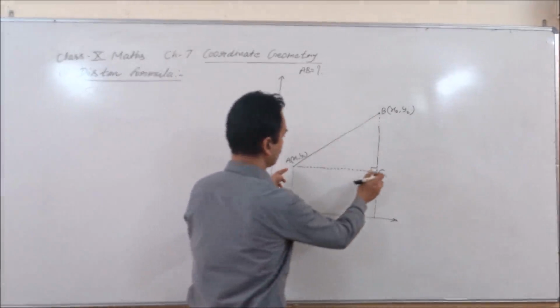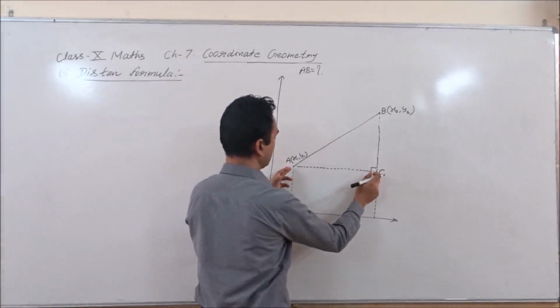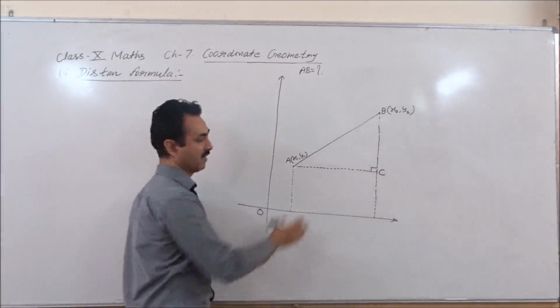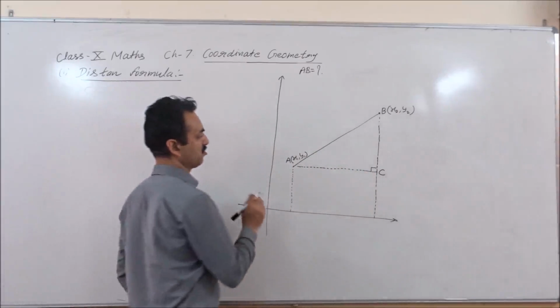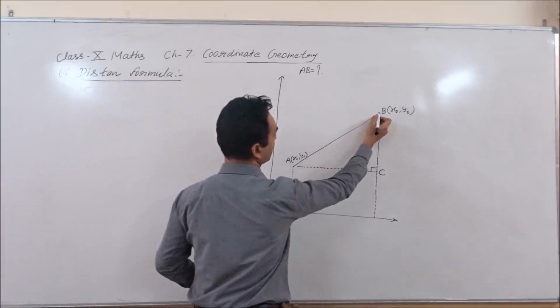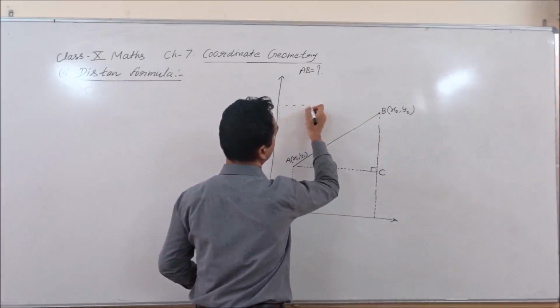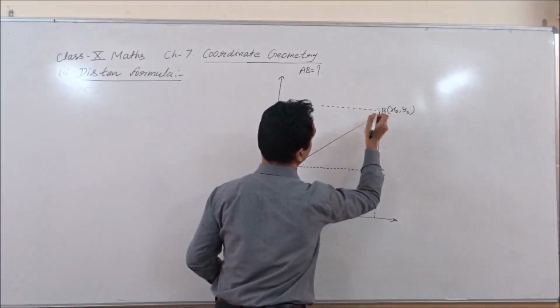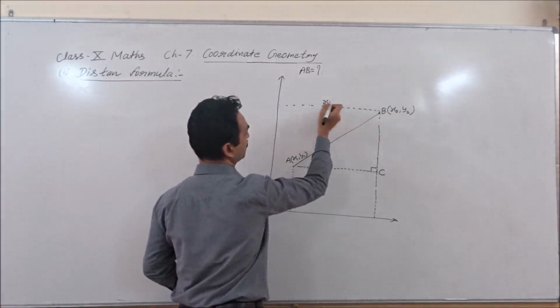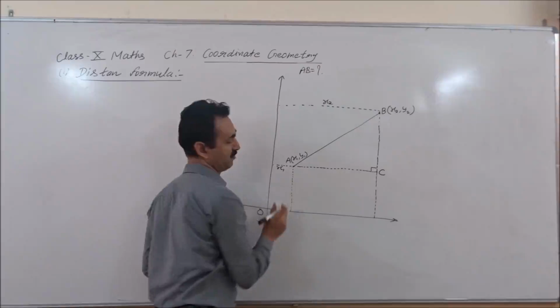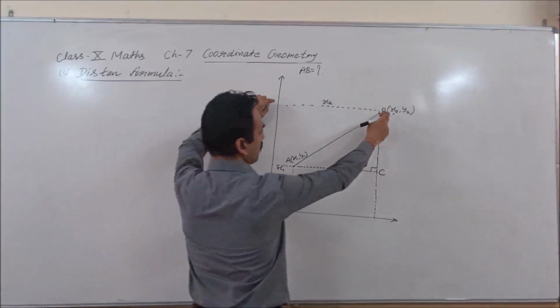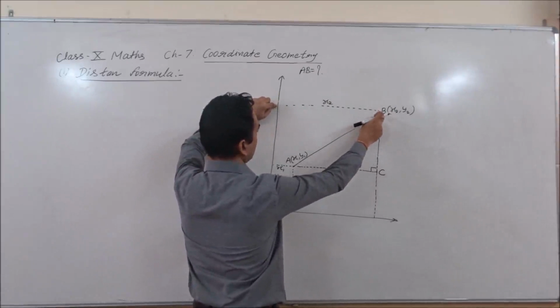Now, what is the length of AC? First of all, think about this length. This is actually x2 and this is actually x1, because this coordinate is x2, so this length is x2.